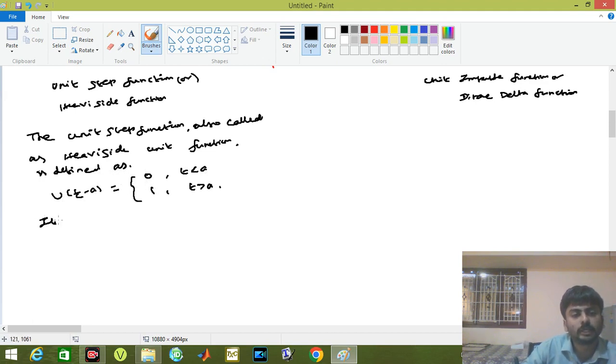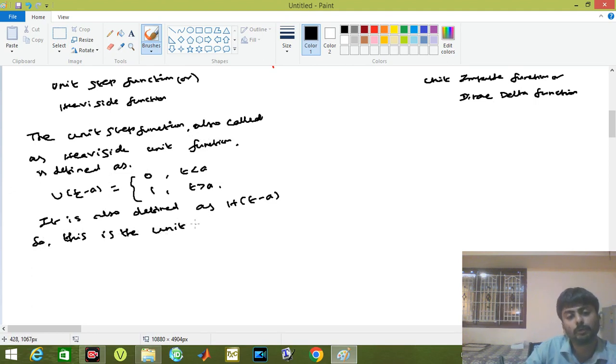It is also defined as h of t minus a. So this is the unit step function, the definition of the unit step function.